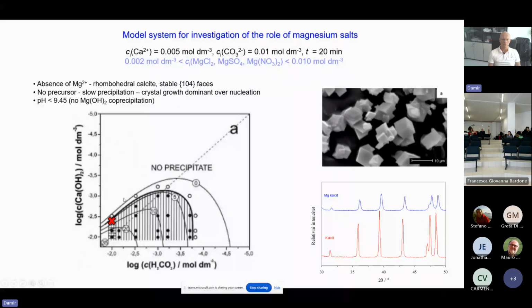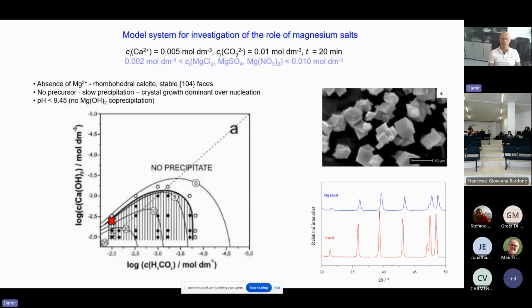We analyzed the precipitate after 20 minutes, and the concentrations which correlate to this are 0.005 moles of calcium and 0.01 moles of carbonate.